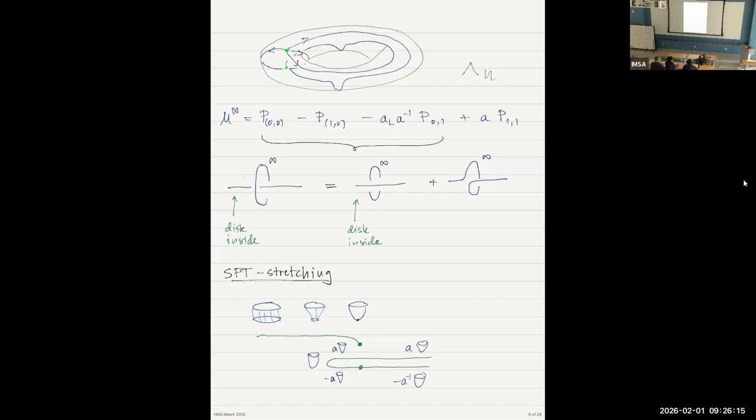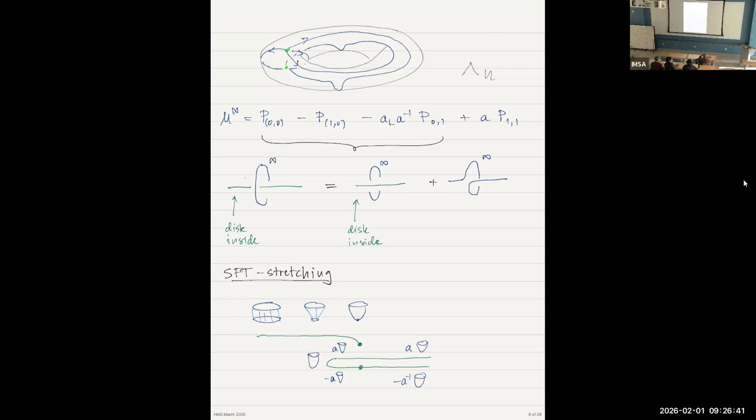But let's now try to understand what's going on with this moduli space. If I forget about this last term, which has an A in it, and look at the lightest curves, what might be going on? If I look at this P10 curve, that's at infinity, and it's on the left-hand side of this equation, and it's somehow surrounding.